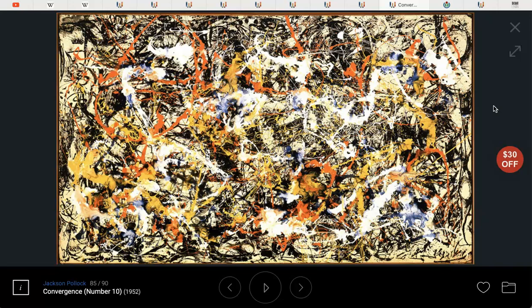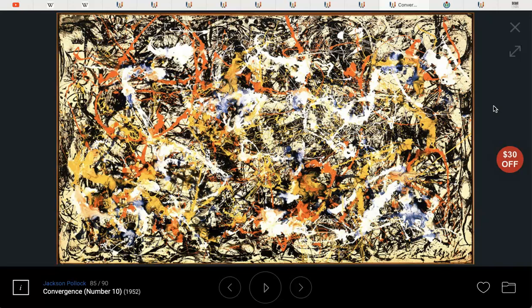Maybe a paintbrush, maybe a spoon, or one of those sticks that you use to stir paint, or maybe just pour it. I think he also did that. He would just pour the paint onto the canvas. I think there are paintings of his where you can see one of his footprints. I could definitely do that. I hope you could do that too. Most of us could.